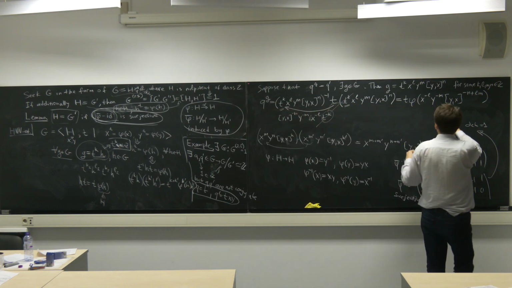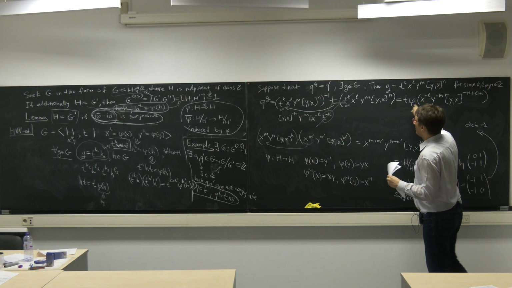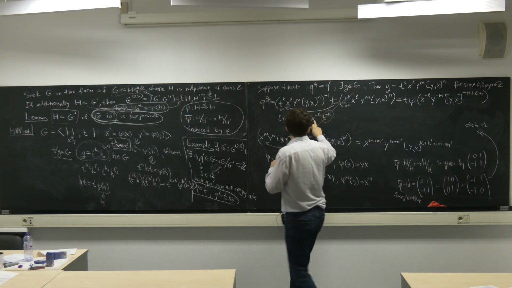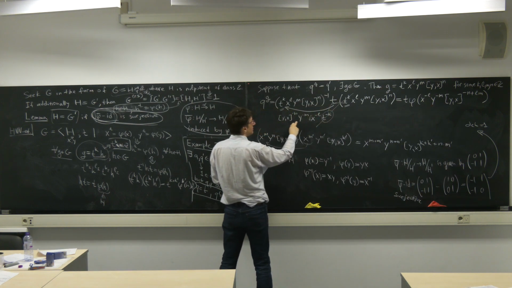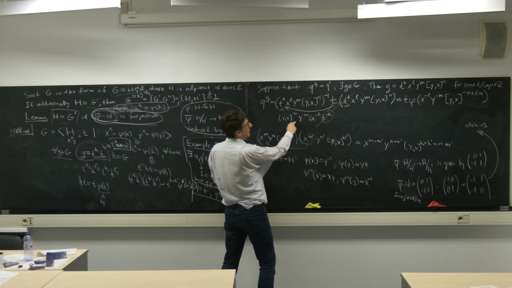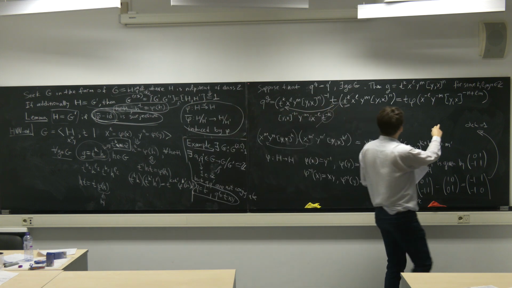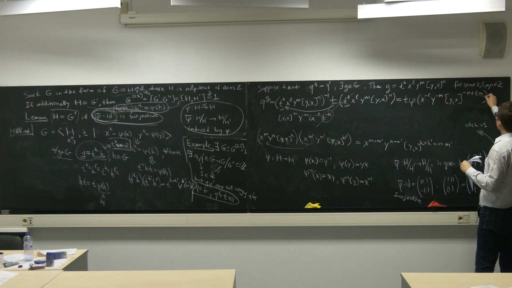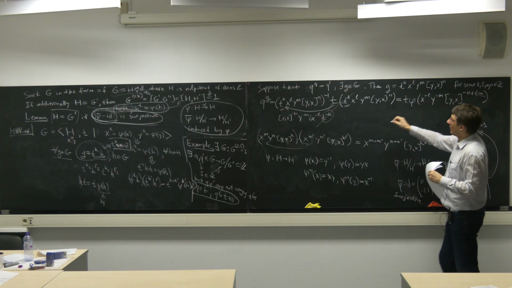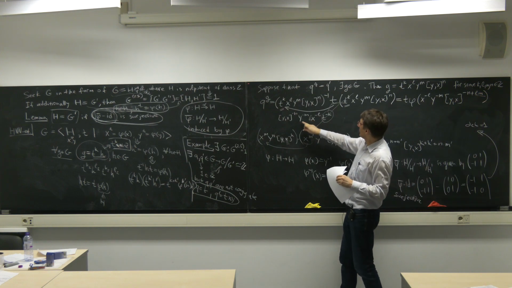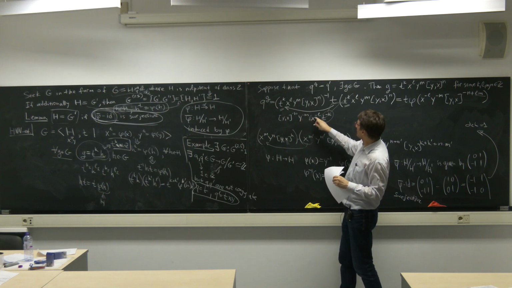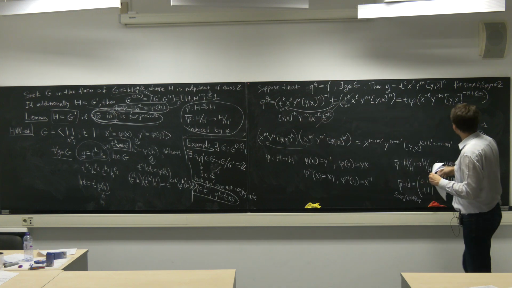And then, yes, I bring x to the front here, and this is why I have this lm, because I'm commuting x with y, and I'm using these powers.